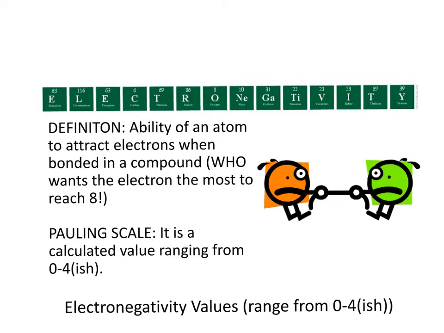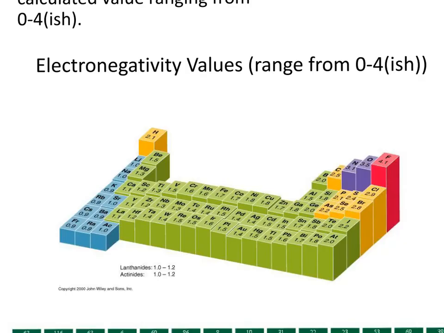We use the electronegativity values as just a way to see which one really wants electrons. And we show this by using the number between 0 and 4. These values range from 0 to 4-ish, and as you can tell, there is a direct relationship with these.